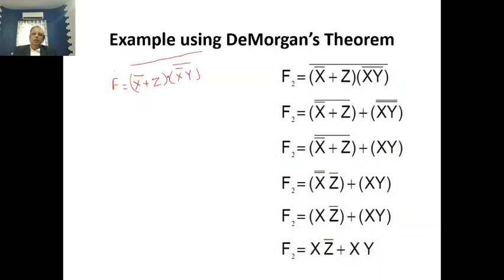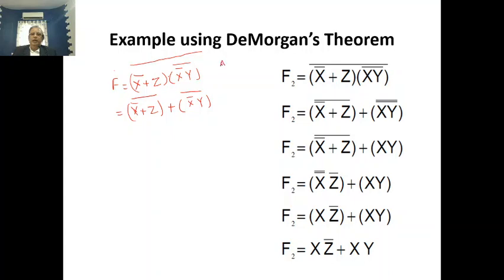Now here there is ANDing operation. Now we will split this ANDing using De Morgan's theorem: x bar plus Z whole bar, plus x bar y whole bar, like this. Here this ANDing is broken up into OR and separate bar on these two.